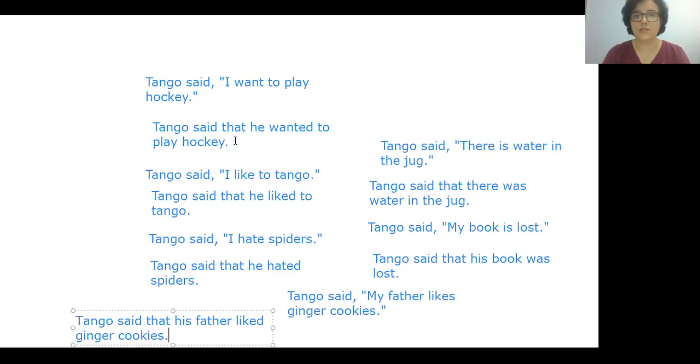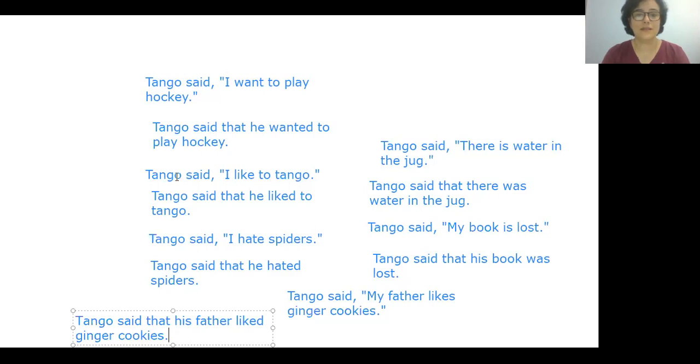The third change, the pronoun: he or she or they or we, us, depends. In this case, it is he, considering that Tango is male. Then you change the verb, make sure it is in the past tense. After that, you're done and you don't end with speech marks again.